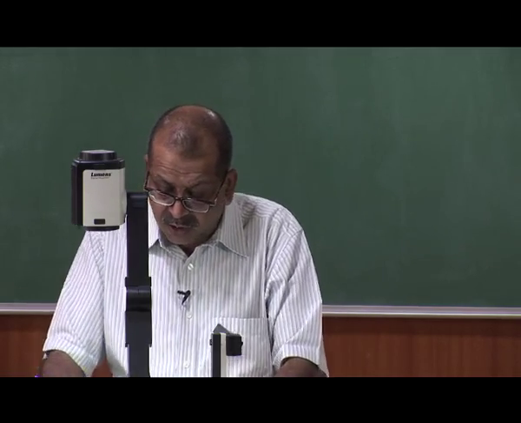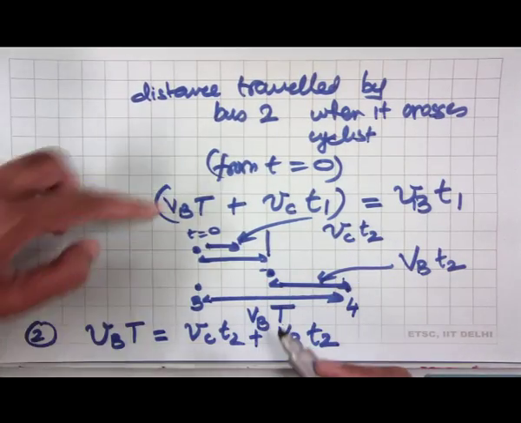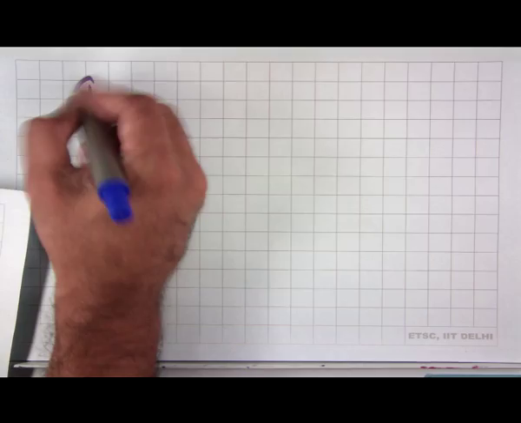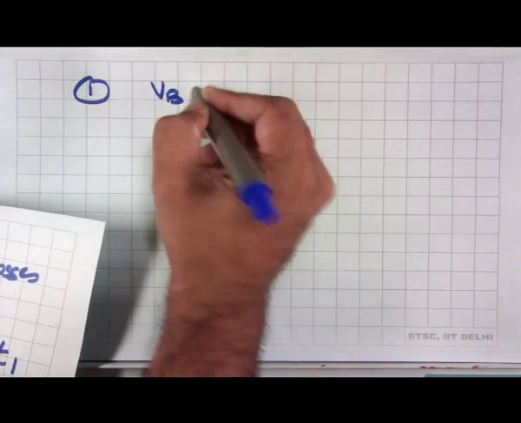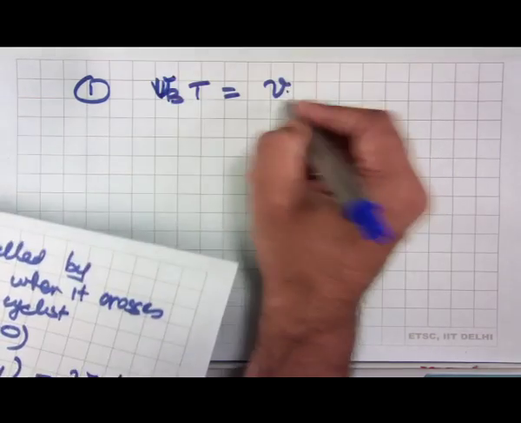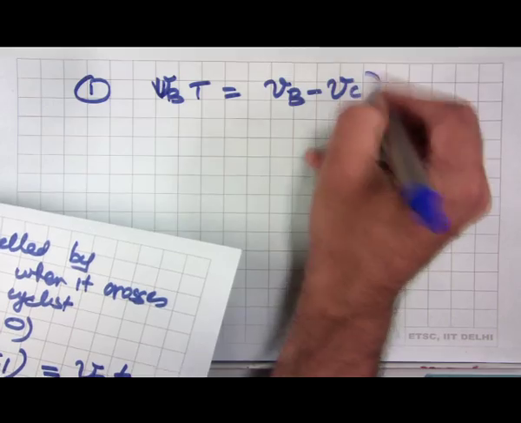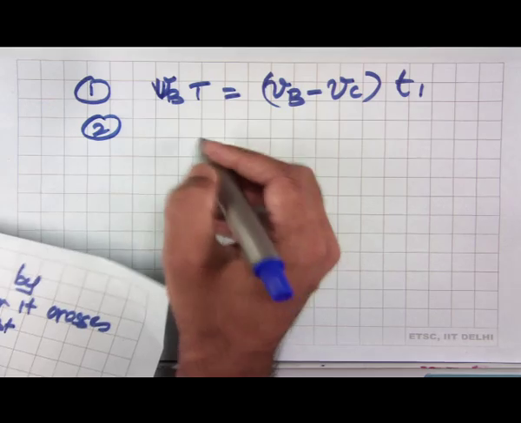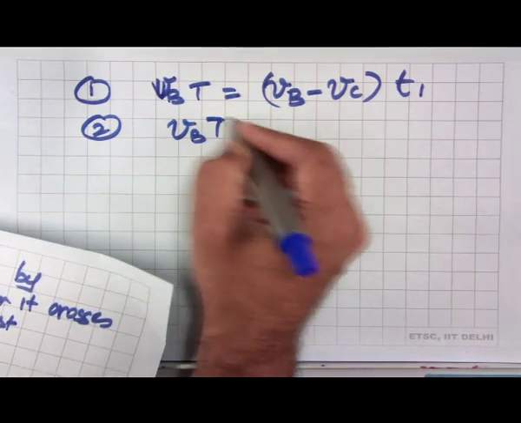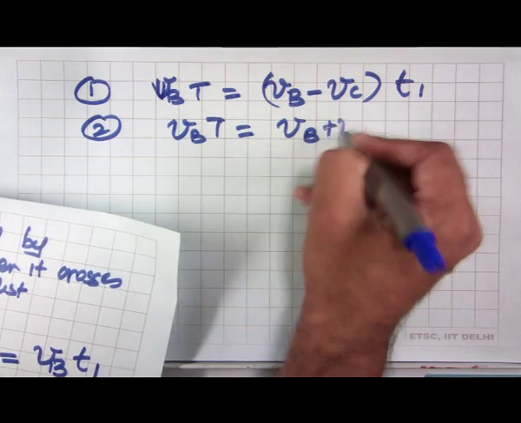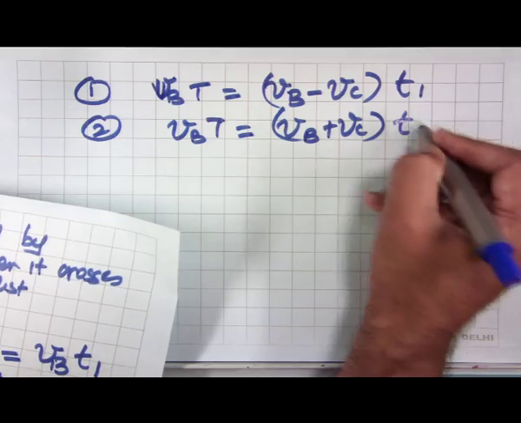For example, equation number 1 gives us Vb times T is equal to (Vb minus Vc) times t1, and equation number 2 gives us Vb times T is equal to (Vb plus Vc) times t2.